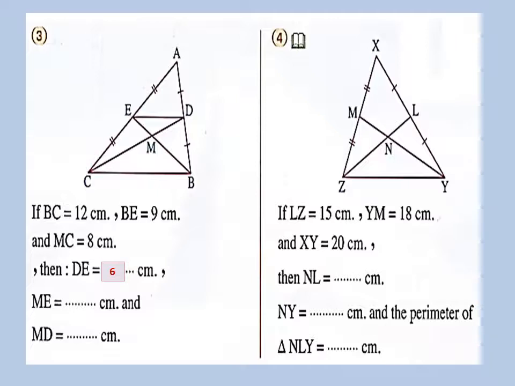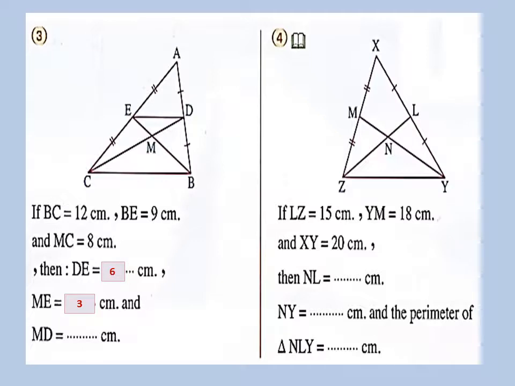ME is a part of the median from vertex or from base? Very good, from base. So it will equal a third of the total median. The total median BE equals 9. So ME will equal 9 divided by 3, which equals 3.